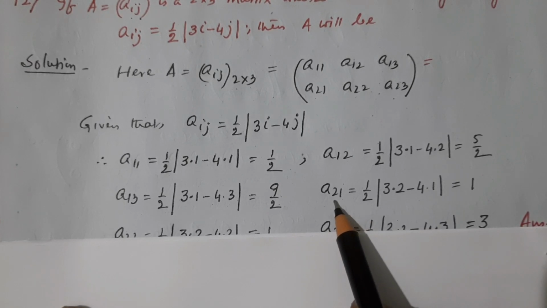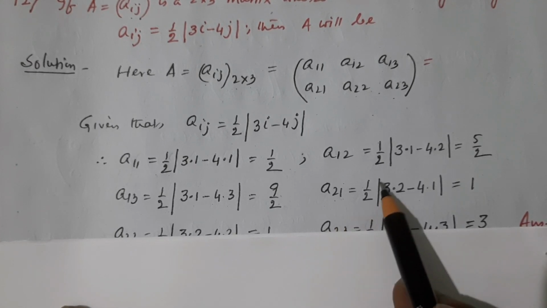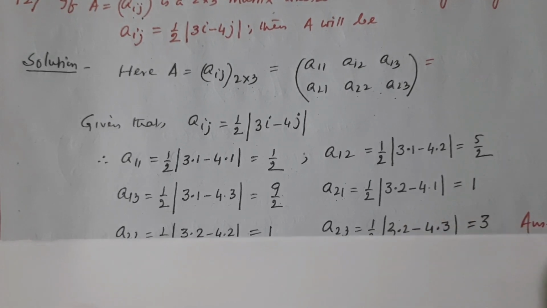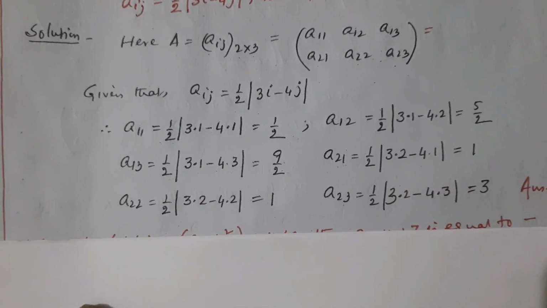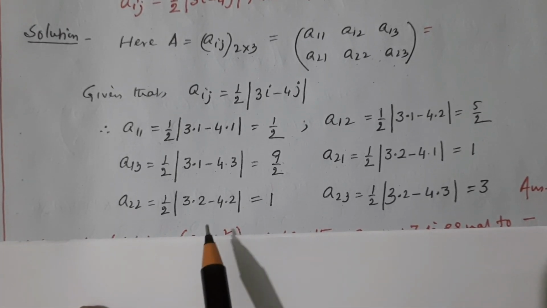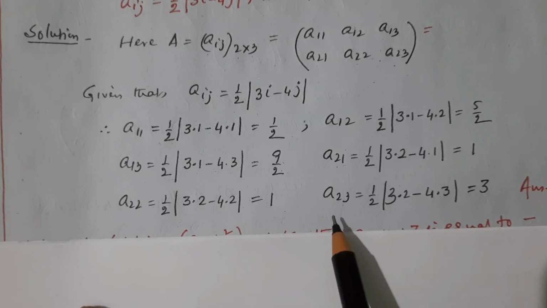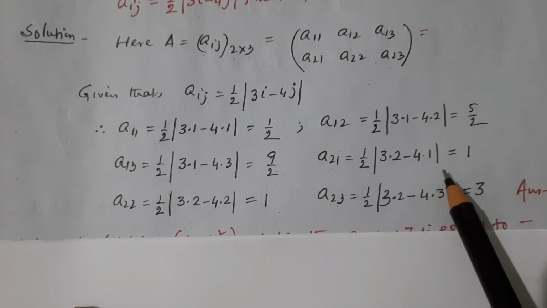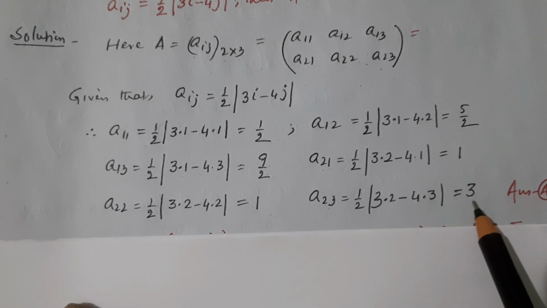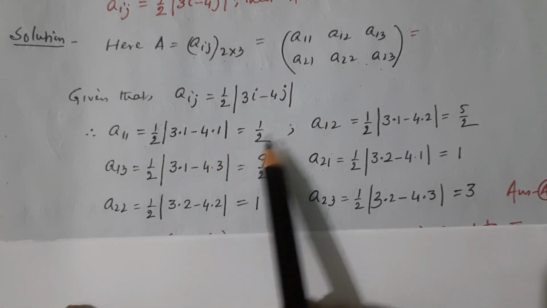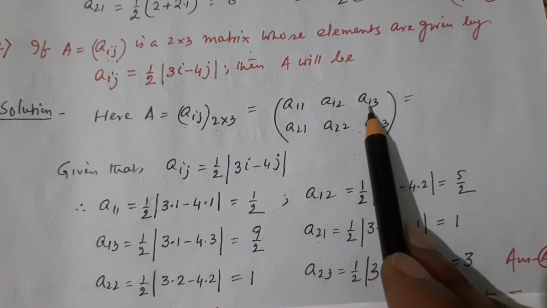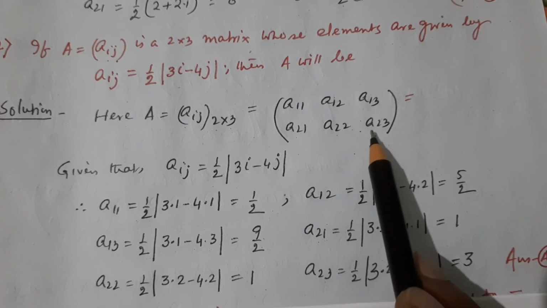A21, i equals 2, j equals 1, half of modulus of 3 into 2 minus 4 into 1, we get 1. A22 is half of modulus of 3 into 2 minus 4 into 2, that is 1. A23 is half of modulus of 3 into 2 minus 4 into 3, that is 3. So we get every element A11, A12, A13, A21, A22, A23.